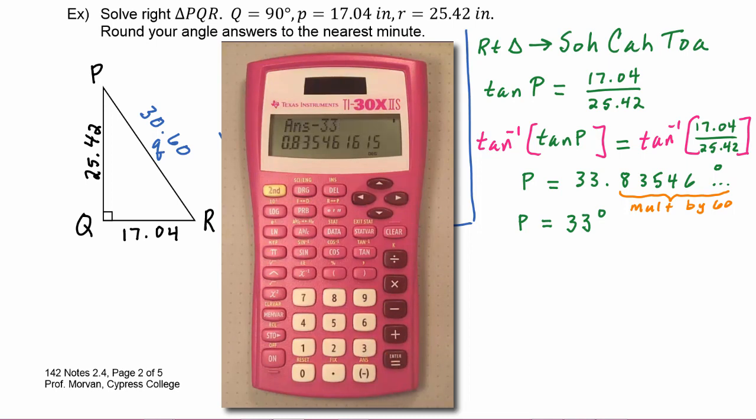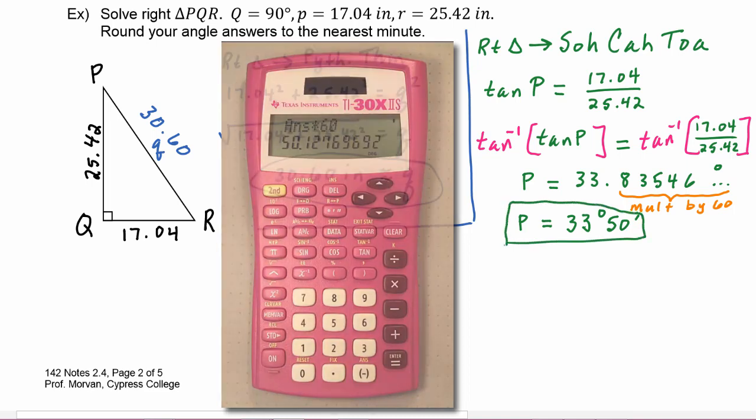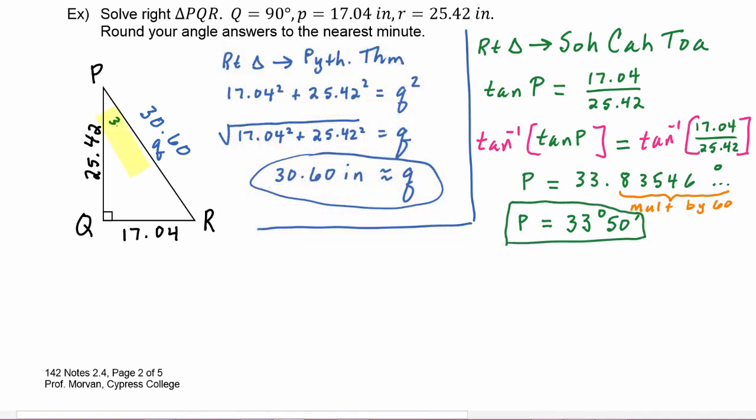Then take that decimal part and simply multiply times 60, and you'll see that if we round that to the nearest minute, we're going to have 50 minutes. So we have 33 degrees, 50 minutes.